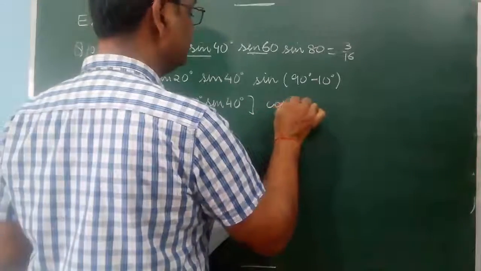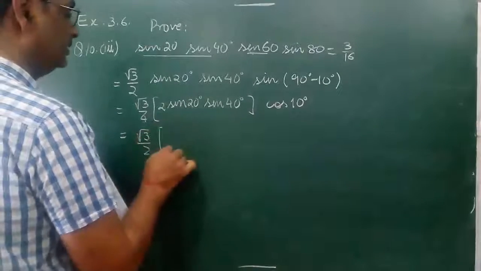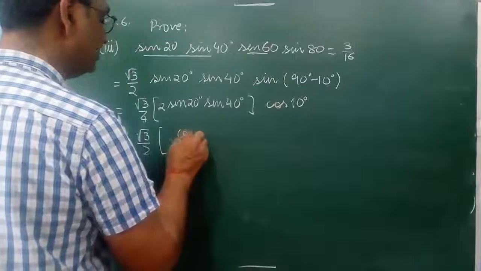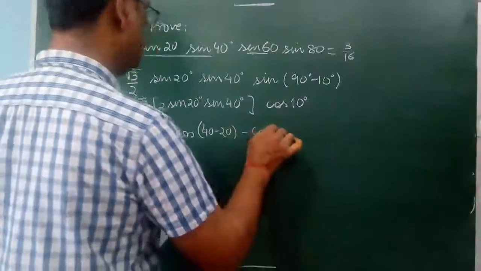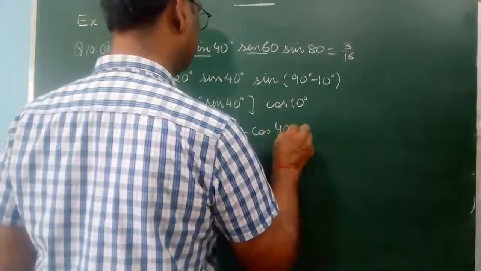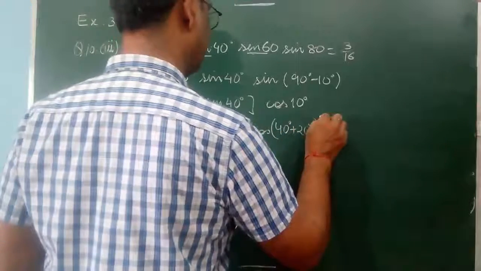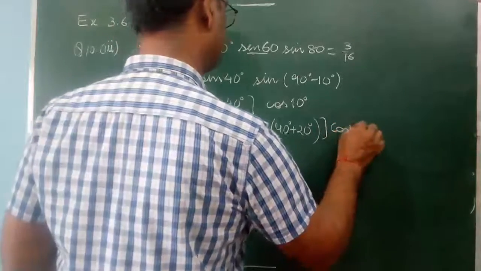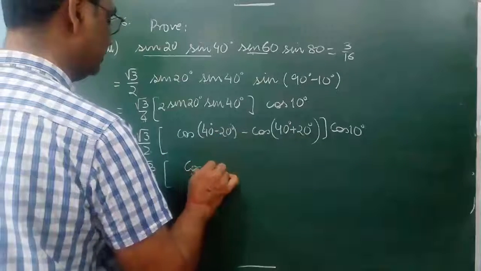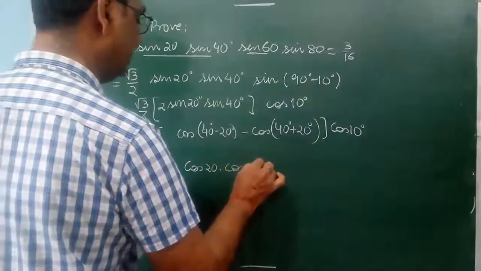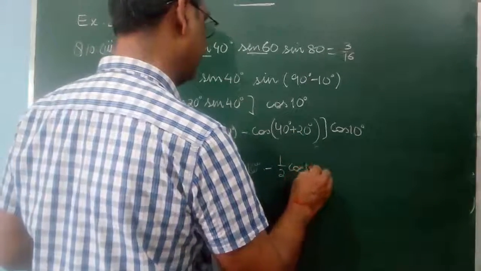And what will it be? It will be cos 10. Sin 90 minus theta is cos theta. 2 sin A sin B is cos A minus B minus cos A plus B. Here this will be cos 20 degree into cos 10 degree minus, this is cos 60, cos 60 is 1 by 2, so 1 by 2 cos 10 degree.